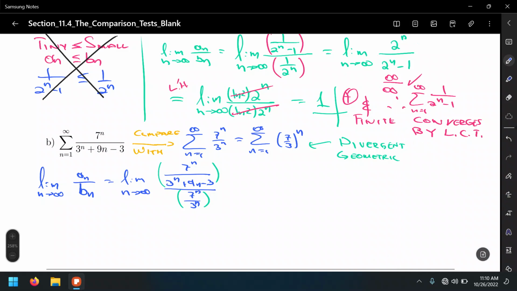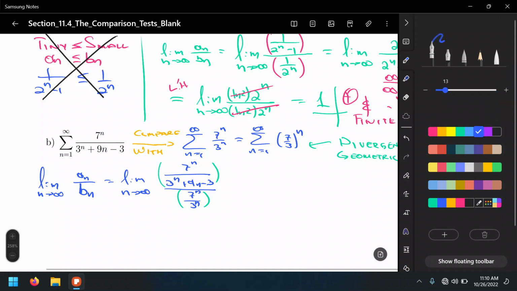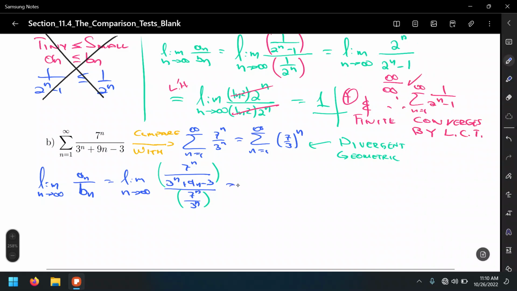So dividing by a fraction is the same as multiplying by the reciprocal of it. So this will be limit as n approaches infinity, 7 to the n over 3 to the n plus 9n minus 3, times the reciprocal of this, which is 3 to the n over 7 to the n.